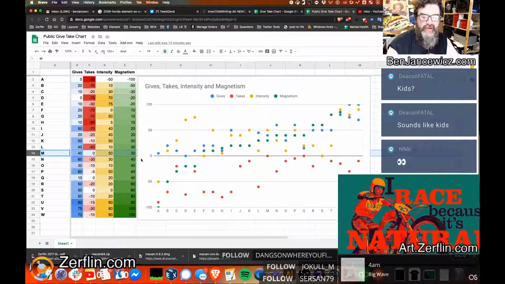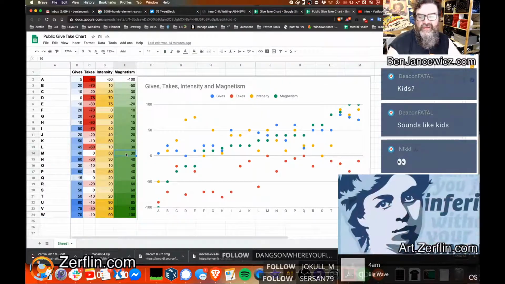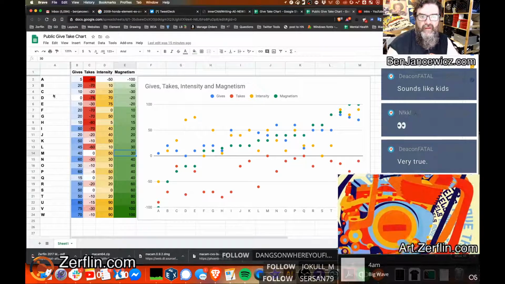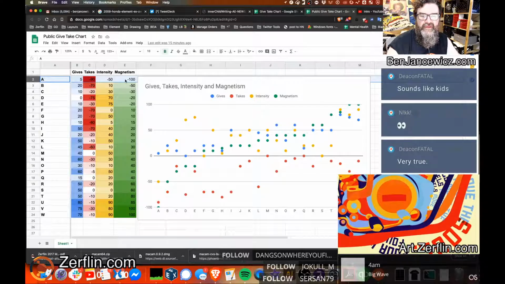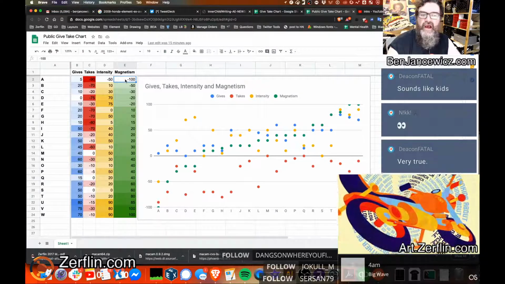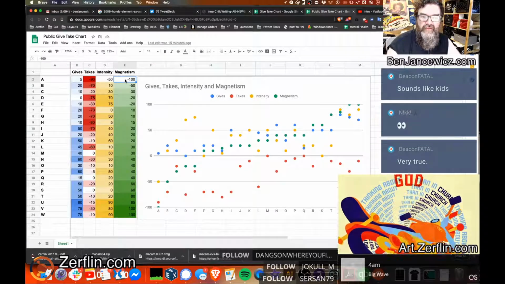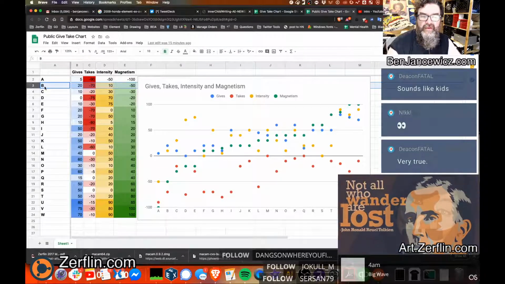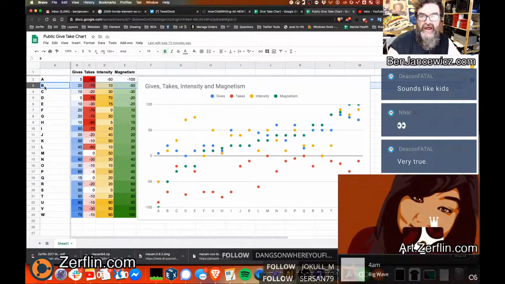This person in the middle, M, I only would want to spend 3 of the days with them. And this person down here has a negative 100 score. I don't ever want to be around them ever. This person, B, has a negative 50 score. I don't really want to be around them either, but it's a lot less intense.